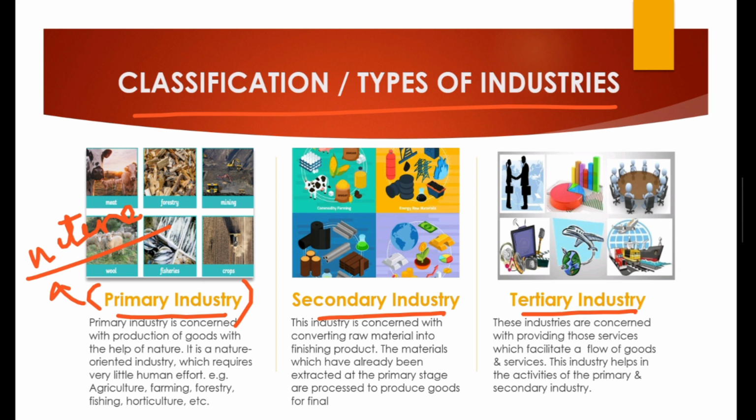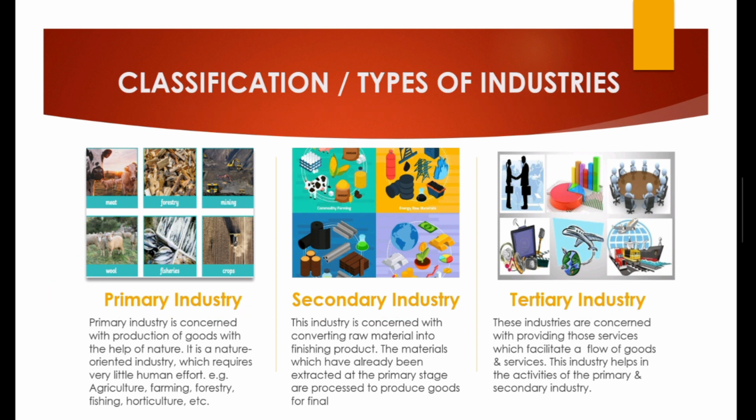It requires very little human effort and more of nature's effort. We produce goods which are very much related to nature. Examples are farming, agriculture, forestry, mining and fisheries. These are all goods which are already present in nature. So primary industry is a nature oriented industry.